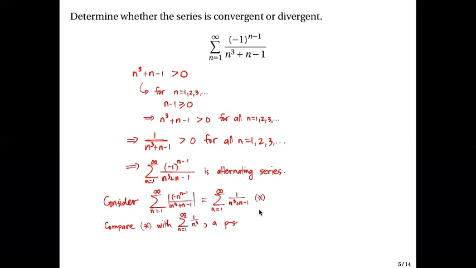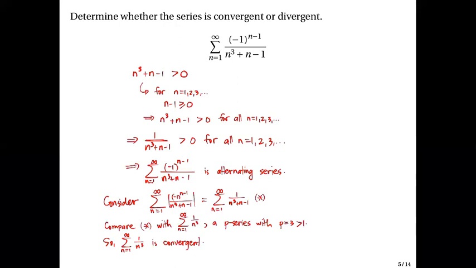This is a p series with p equals 3 greater than 1, which means that this guy here is convergent. So the sum of 1 over n cubed, from 1 up to infinity, is convergent, okay?